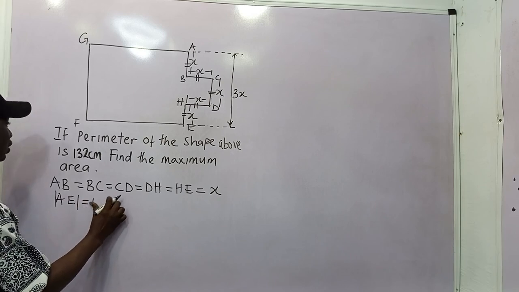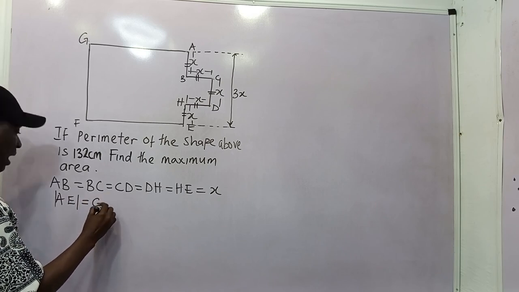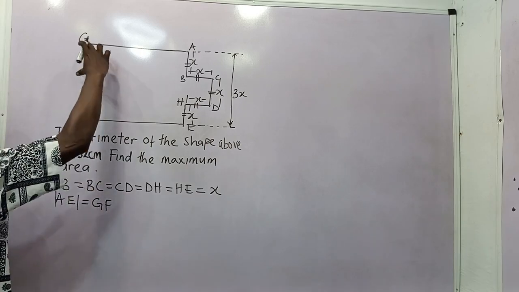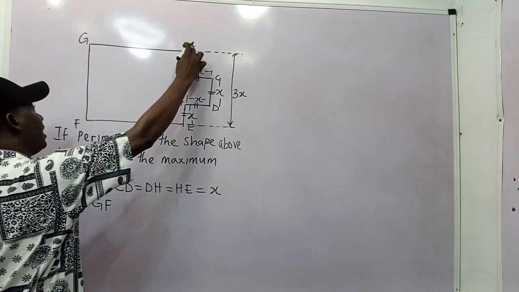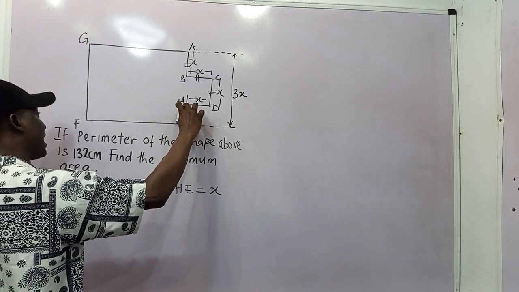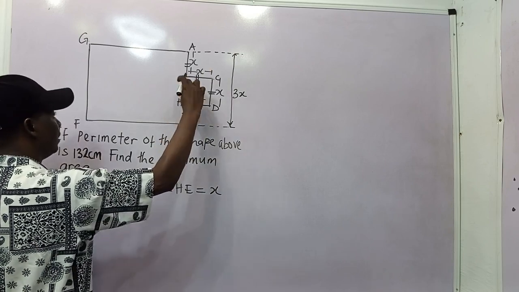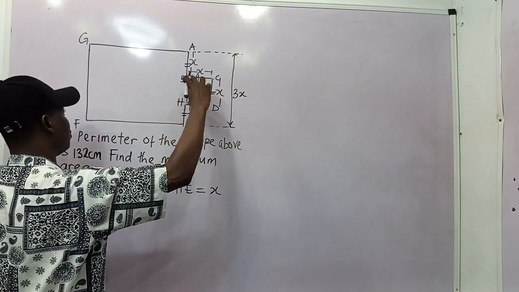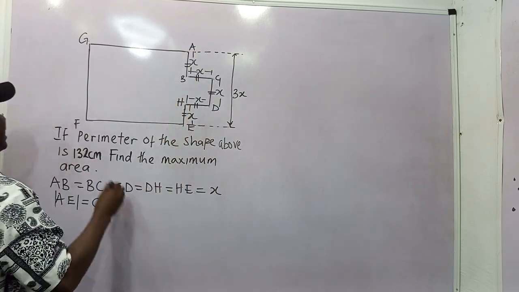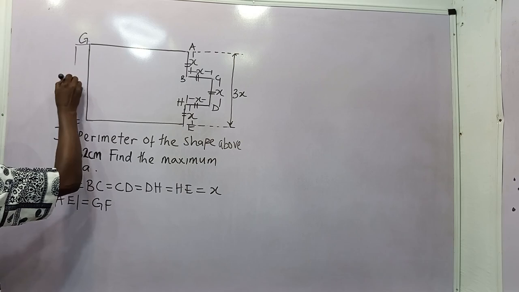GF. That means from here to this place is equal to from here to this place, and from here to here is X plus X. If you drag this particular shape in, you see that from here to here is equal to from here to here, which is X plus X, make it 3x. So here is 3x.